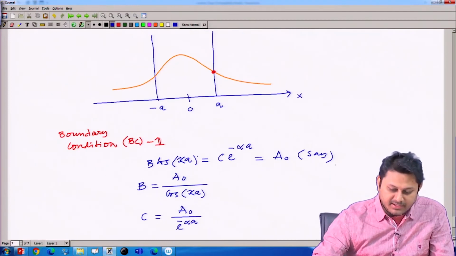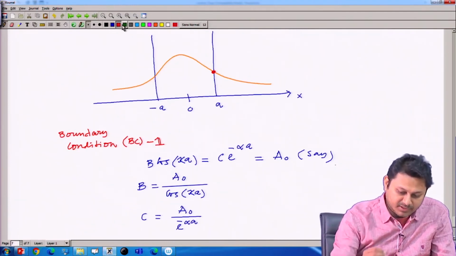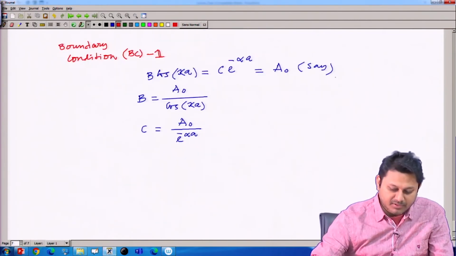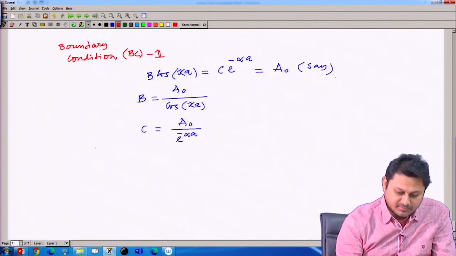Again, on the left side I also have the same boundary condition, and if I put the same boundary condition at x equal to minus a, what do we have?